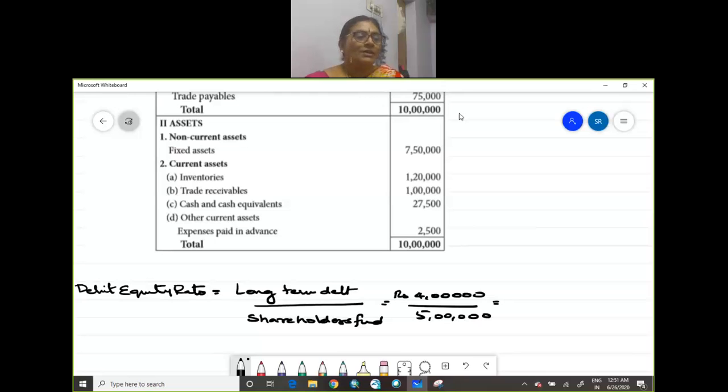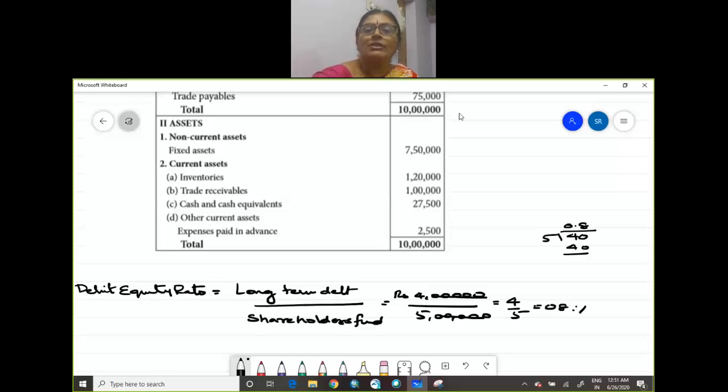So how much does that come to? 4 divided by 5. I taught you previously how to calculate this. 8 fives are 40. So the ratio here is 0.8 is to 1.